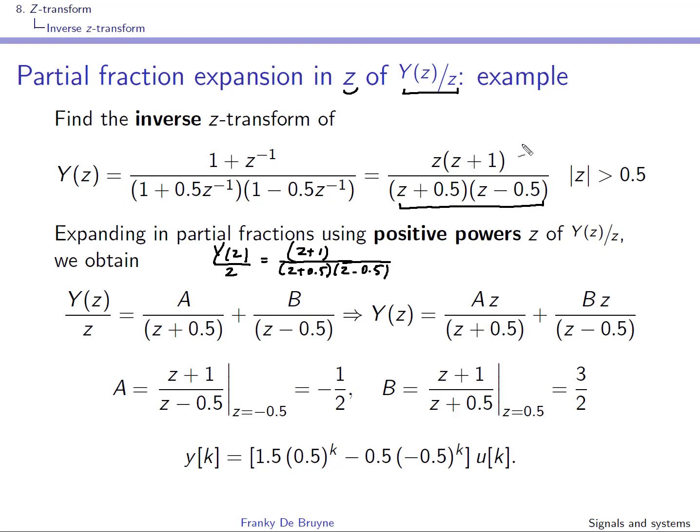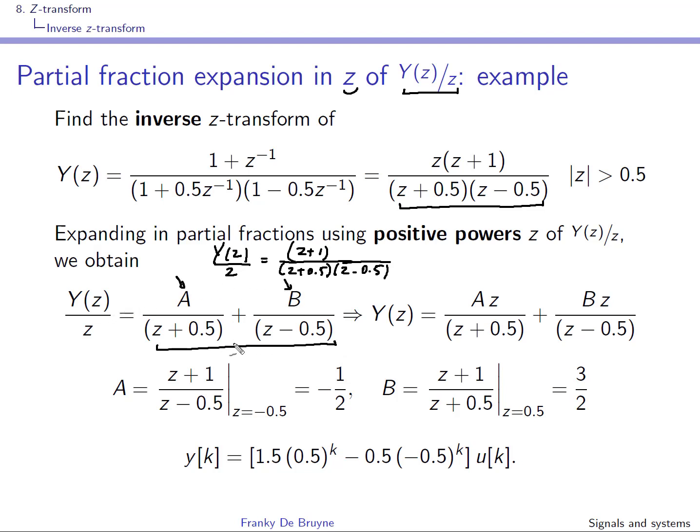So the first thing that we'll have to do is a Euclidean division. If you work with y of z divided by z, everything becomes strictly proper, so there is no need for a Euclidean division. So you can do the partial fraction expansion, and these are the two terms that you will have: second order at the denominator, two constants a and b.